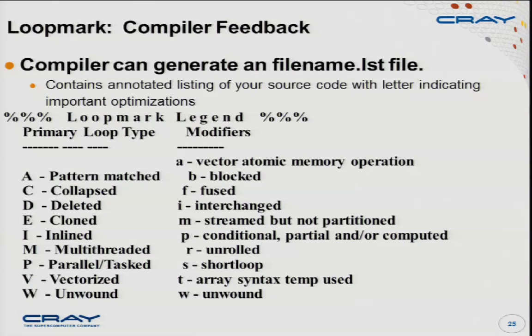Basically, this often happens with a big V, and it means, okay, I vectorized it, but it's not really clean. So if you can figure out why it's not really clean and you can clean it up, there's a chance that it'll go faster. Unroll, short loop, array syntax, and then another unwound there for some reason.